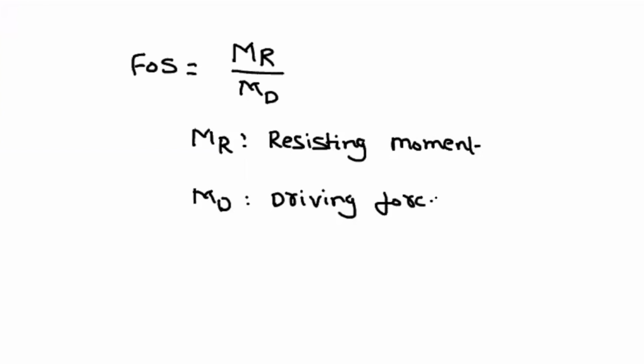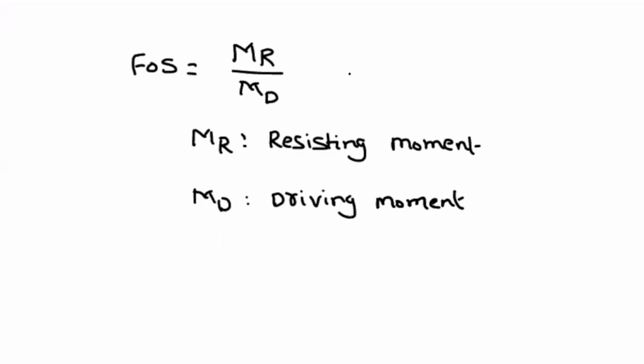First we will find the force causing the rotation. Because of the driving force, we will find the moment with respect to the point of rotation. Also with respect to the same point, we will find the resisting force, then multiply by the distance to the point of rotation, and we get the resisting moment.